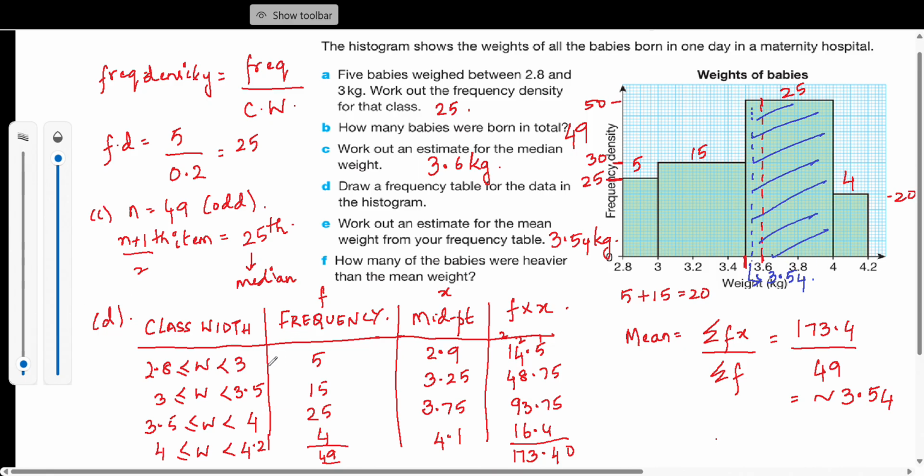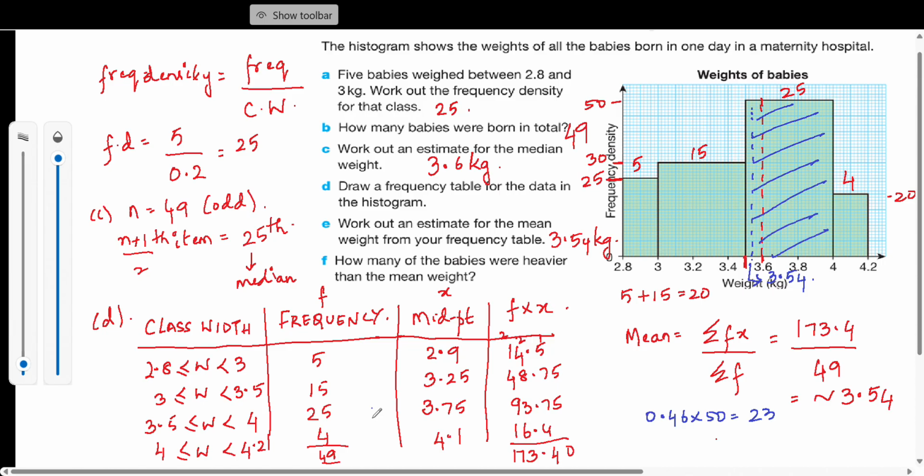So the width from this blue line to the end is 0.46. 0.46 into the height of the bar, which is 50, gives us 23, which means in the blue area that I've shaded, there are 23 babies.